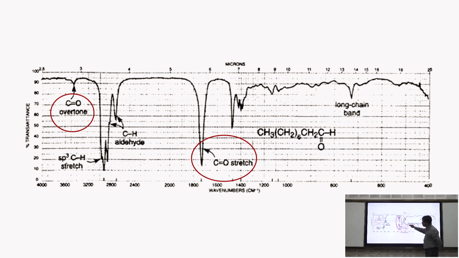You see the strength: the area underneath the band is a measure of the strength. And what is the first overtone? The first overtone of this one is this one. Imagine the strength: if this is the strength of the fundamental band, the first overtone is only this much. So we don't expect the second overtone or third overtone to be seen.